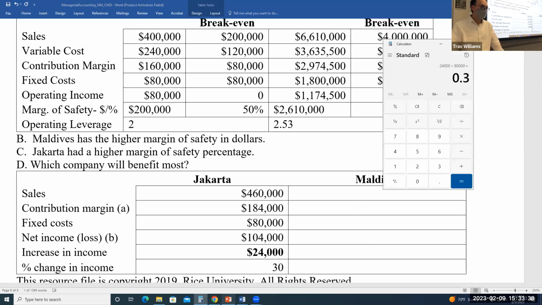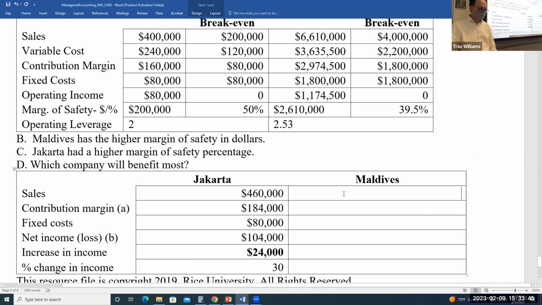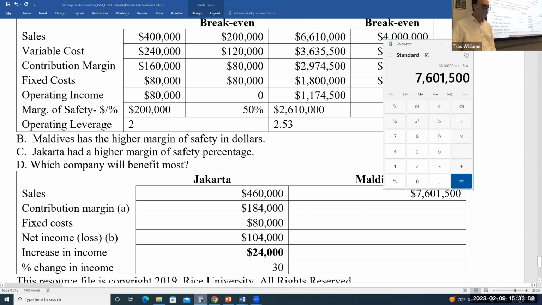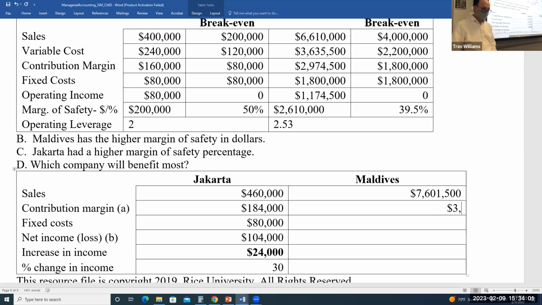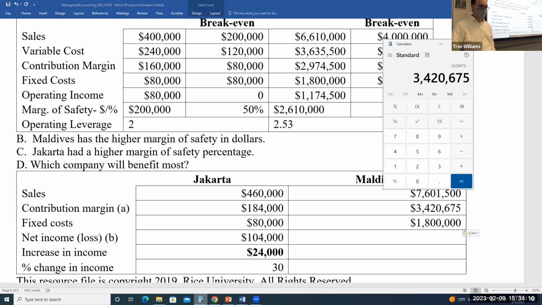We take sales for Maldives times 1.15. 7,601,500. Their contribution margin also goes up. So times 1.15, we get 3,426,75. Fixed costs stay the same. So we subtract it.